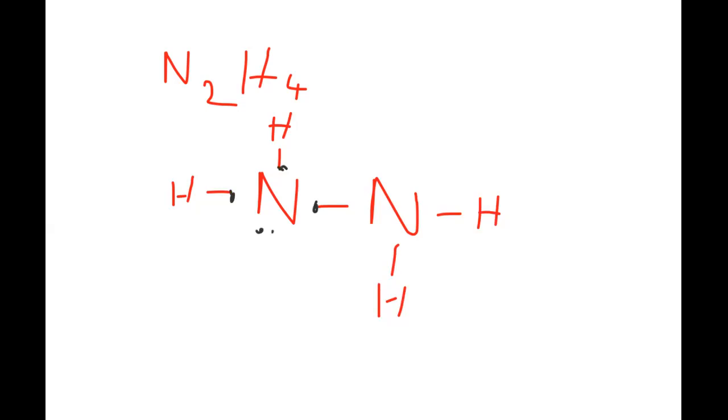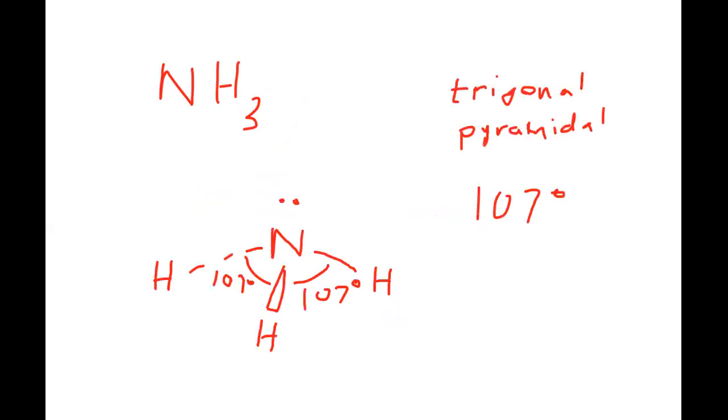There is a bond pair. There is a lone pair over here and 3 bond pairs. This is the case when the angle is 107 degrees and the shape is trigonal pyramidal. That is somewhat like ammonia, this kind of shape.